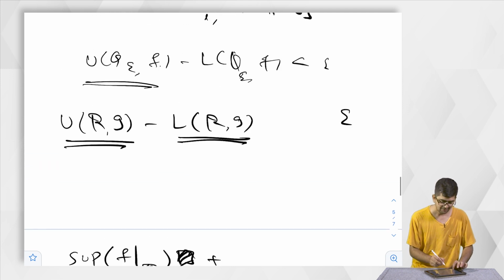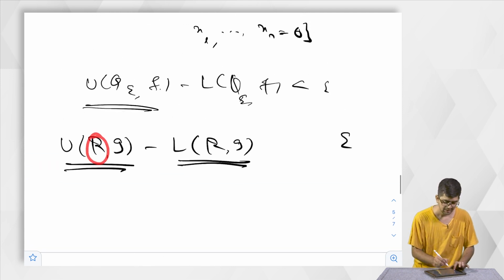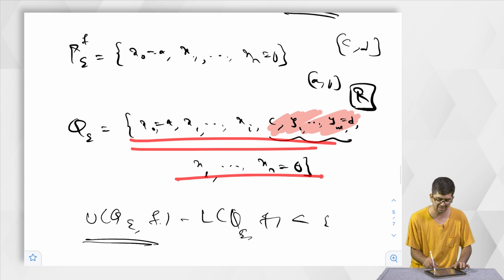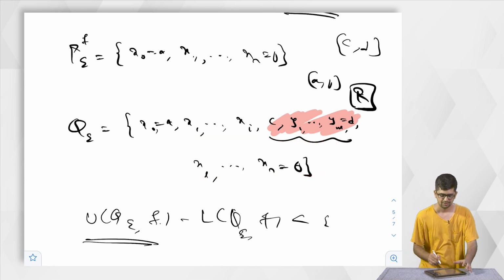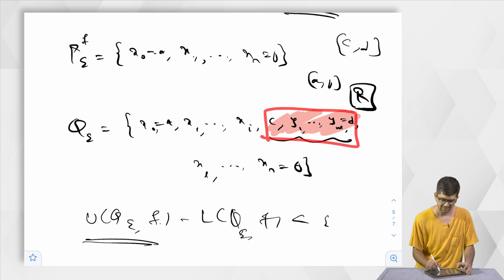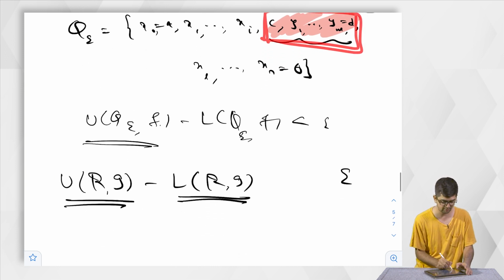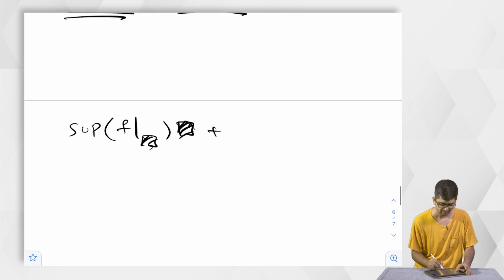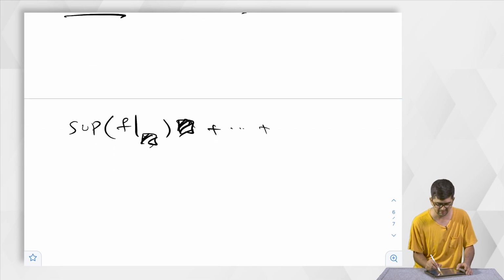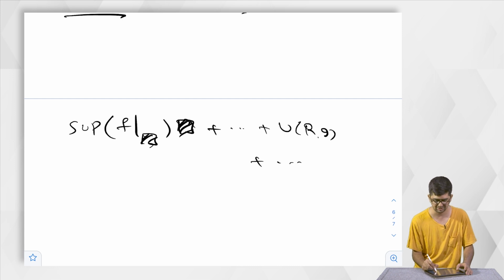Then observe that R is a part of this partition. So in this portion I do not have to write supremum again, I will simply write U(R, g), plus and so on, then I will write the remaining terms, plus supremum times the length of this interval.